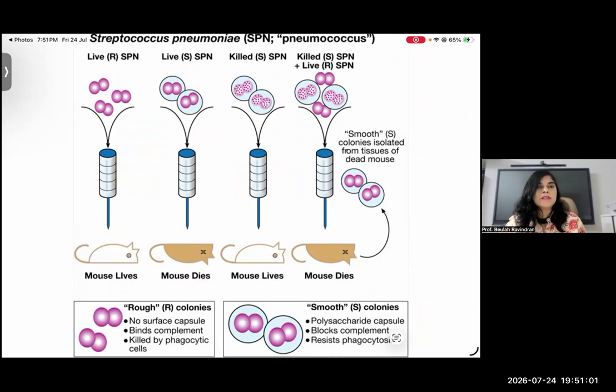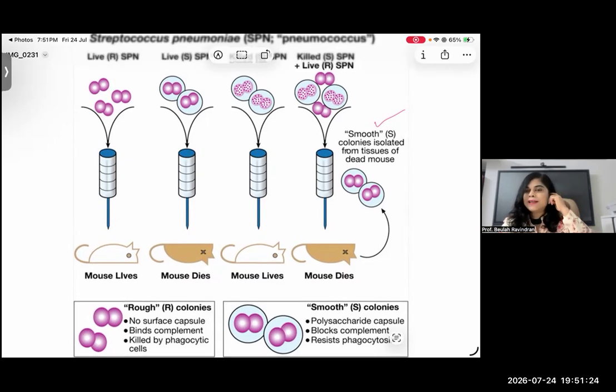The bacteria cause pneumonia. We studied Streptococcus pneumoniae. It produces two types of colonies. One is smooth and shiny colonies, that is the S strain, or virulent strain.